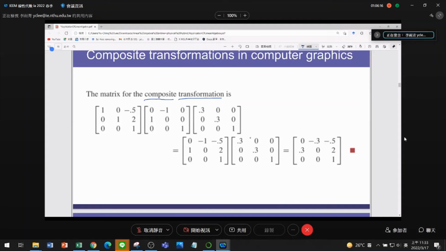So we have step 1, scaling, to be put on the very right. And then step 2 is to do the rotation, and step 3 is to do the translation. Eventually, we multiply all 3 matrices together. We get one single matrix in this format.